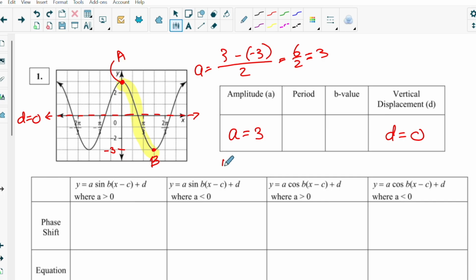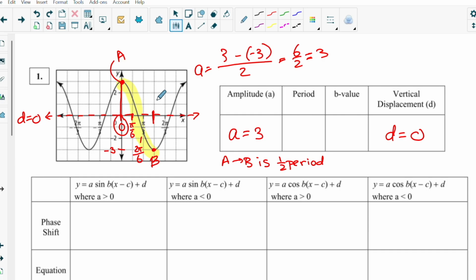So A to B is half of 1 period. What is that distance? This is 0 right here. Where do we end up? Each tick mark is pi over 6. This is 2 pi over 6.